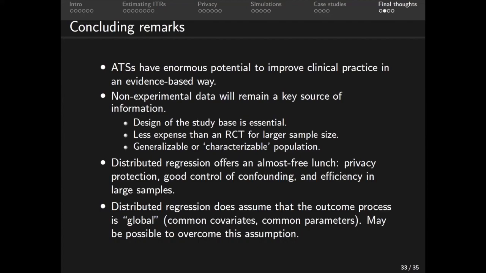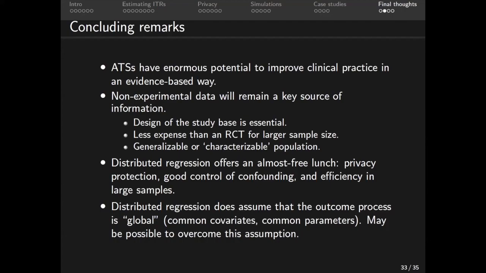There are advantages, but we have to be careful. Worry about confounding, worry about all the other challenges that come with these data, like missing information. Generally, selection bias is less of a concern with large observational studies, but it is to be thought about. And of course, privacy is something that we need to think about when we're dealing with large sensitive data, like data about people's mental health.